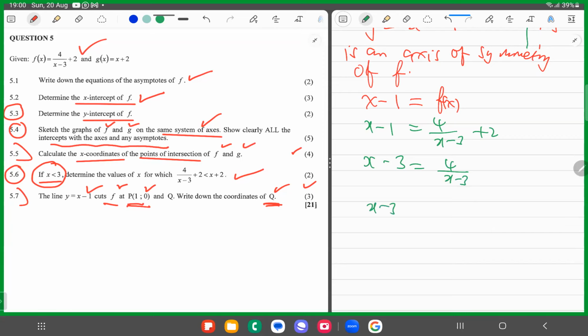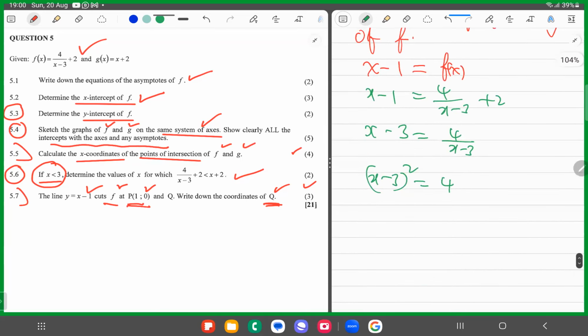Multiply this, and it becomes x minus 3 squared equals 4.